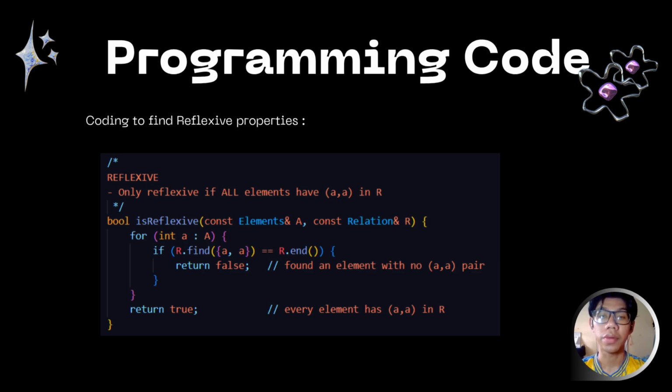If R.find reaches the end of the relation without finding the pair, it means a required reflexive link is missing, so we immediately return false. If the loop finishes checking every single element without any issue, it means every element has its corresponding pair. So we safely return true because the relation is successfully verified as reflexive.